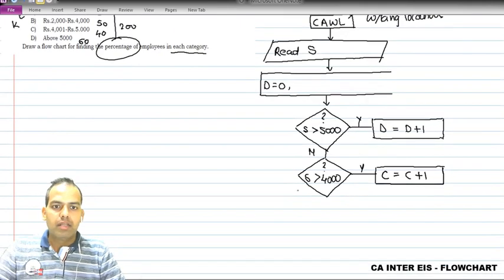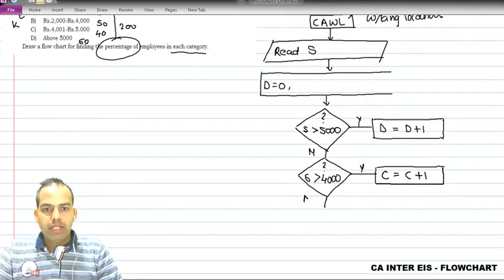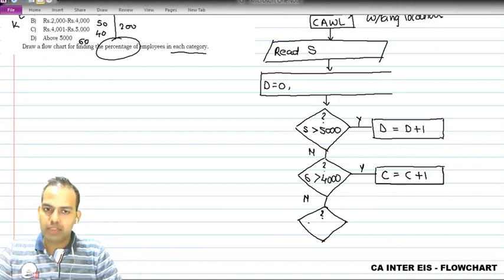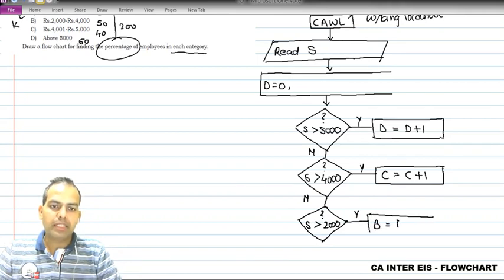But if the answer again comes no, then check again, because there are 4 categories, so at least 3 decision boxes have to be there. The value will be 2,000. So for a value above 2,000, the employee belongs to category B. So B plus 1.